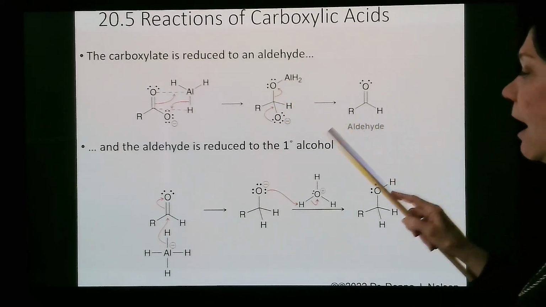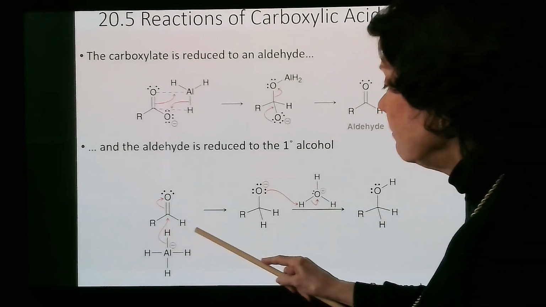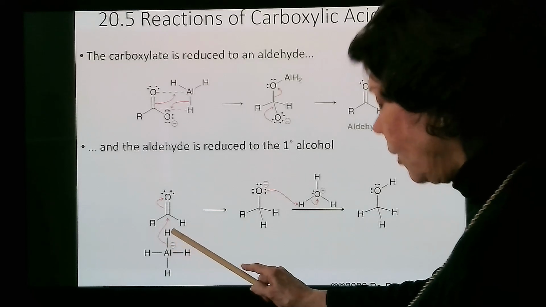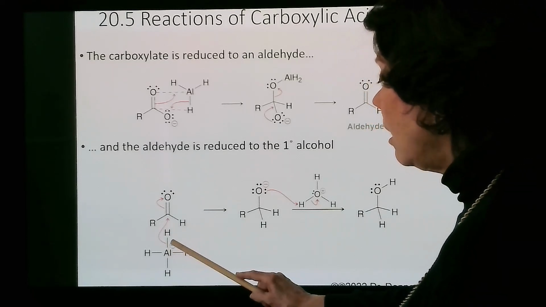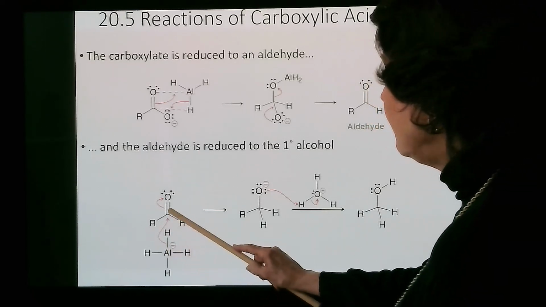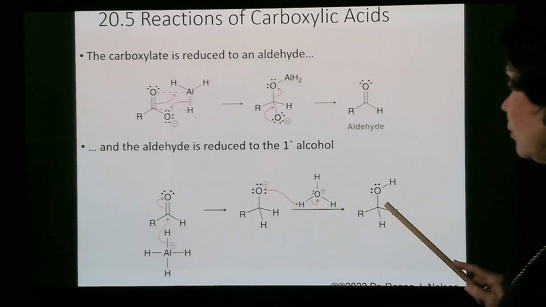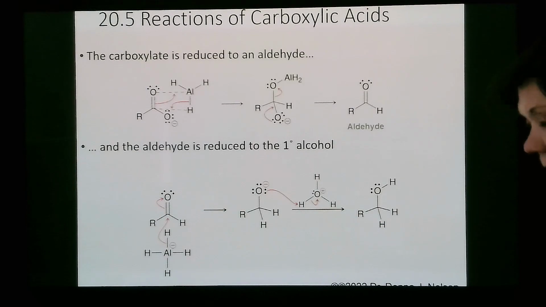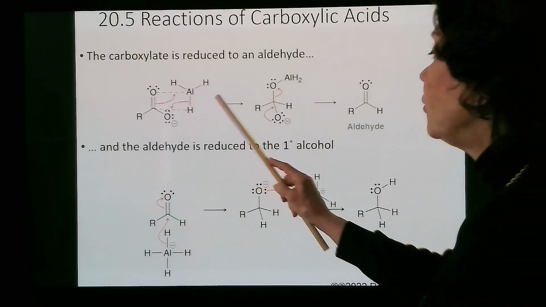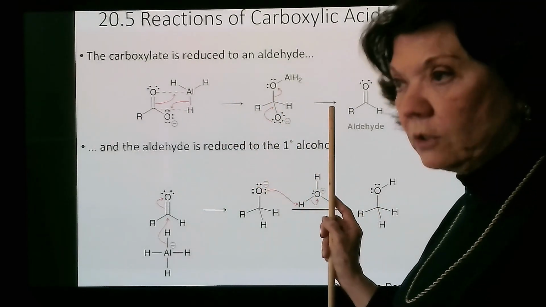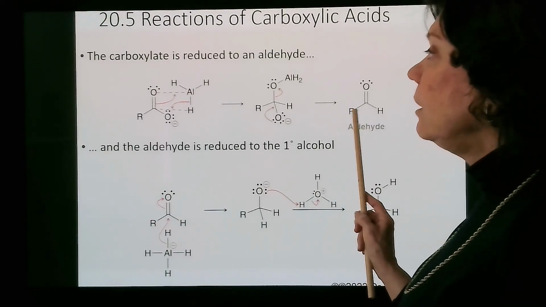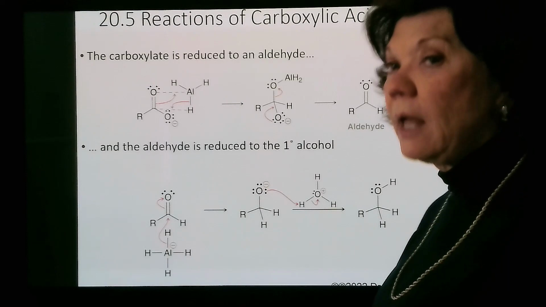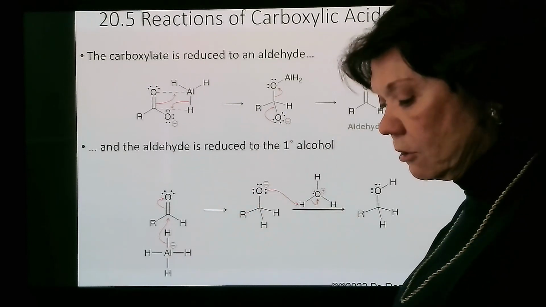Then the aldehyde is reduced further with the lithium aluminum hydride to give you the alcohol. And so this step does not happen with sodium borohydride. So normally lithium aluminum hydride can just be replaced by sodium borohydride, but not here.